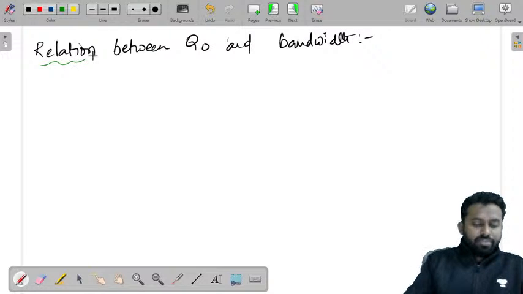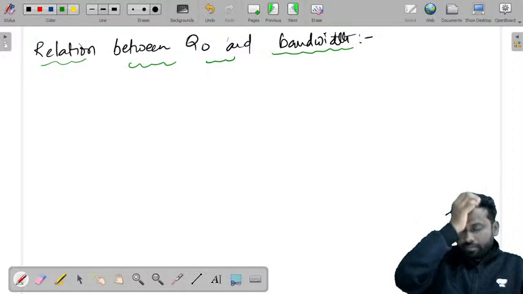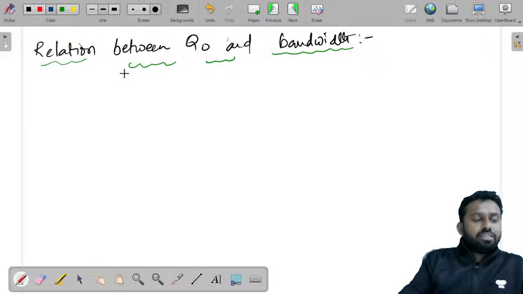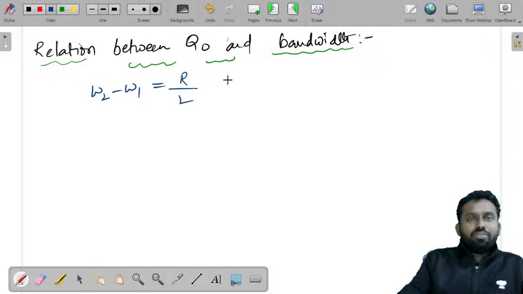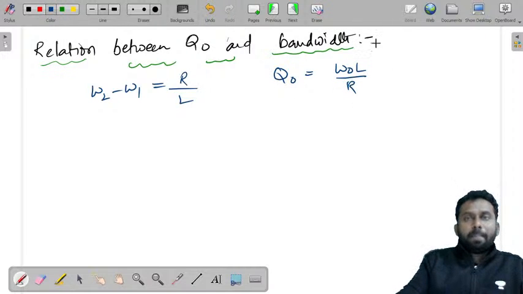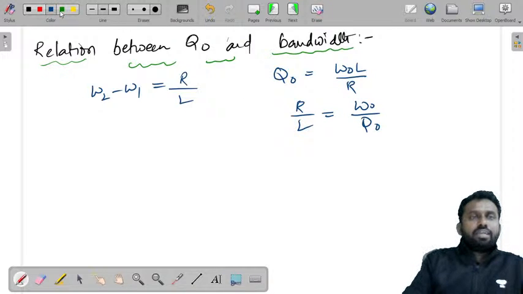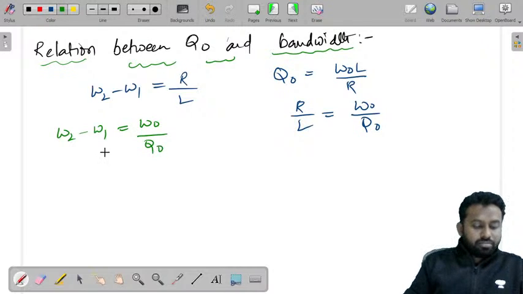Bandwidth omega 2 minus omega 1 is equal to R by L, and Q naught is equal to omega naught L by R, so R by L is equal to omega naught by Q naught. So omega 2 minus omega 1 is equal to omega naught by Q naught.